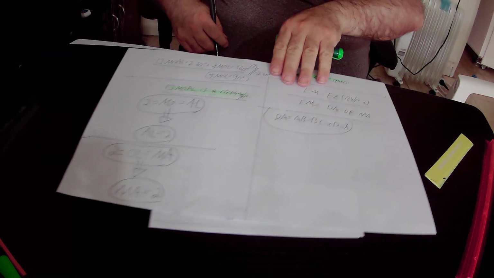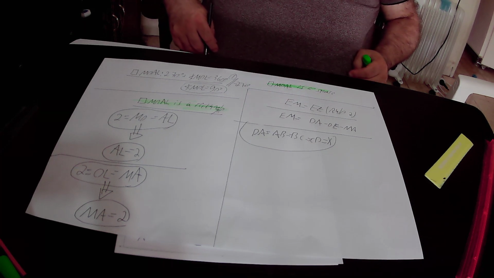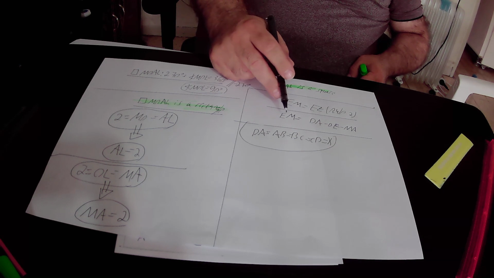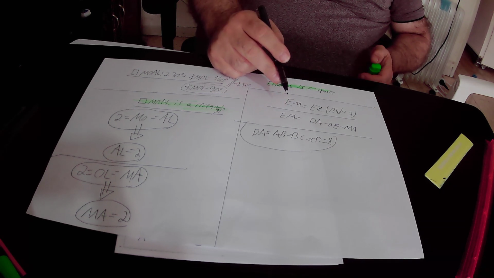The side length of square ABCD is equal to X. That is to say, DA equals AB equals BC equals CD equals X.